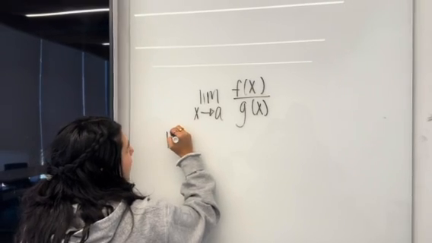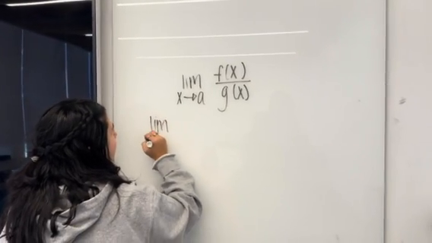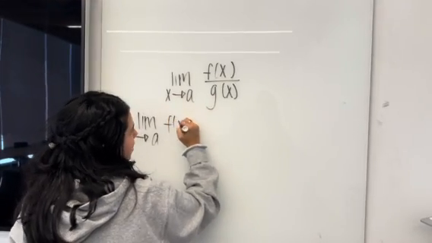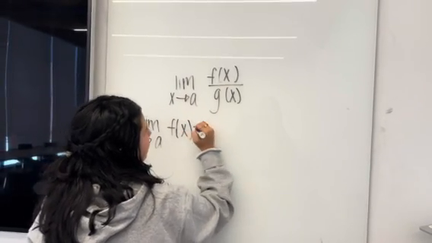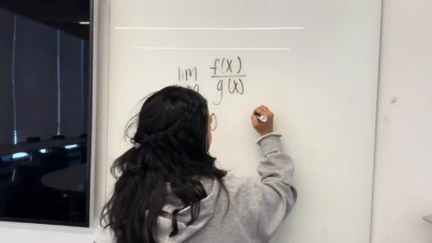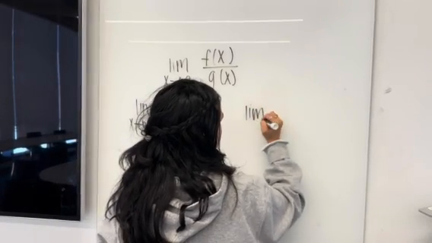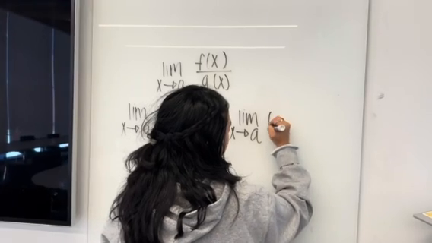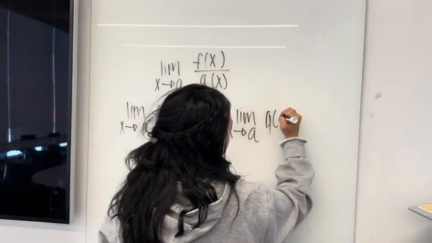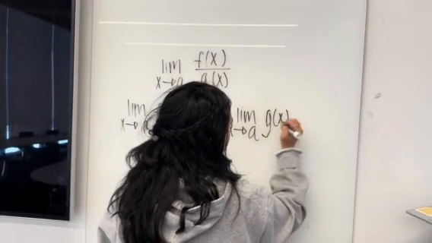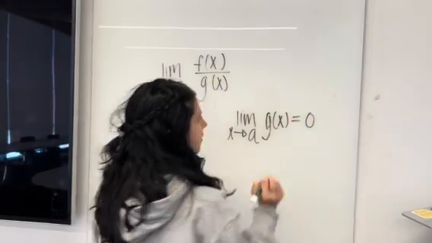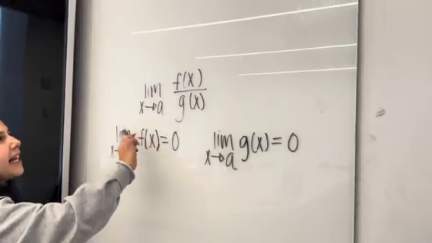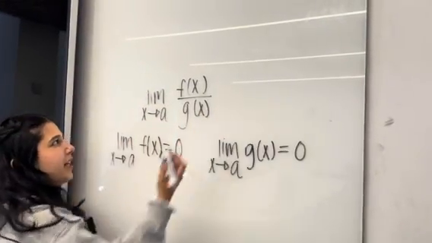And we know that as x approaches a, both f of x and g of x are approaching 0. This indeterminate form can be evaluated by setting this limit equal to its derivative.